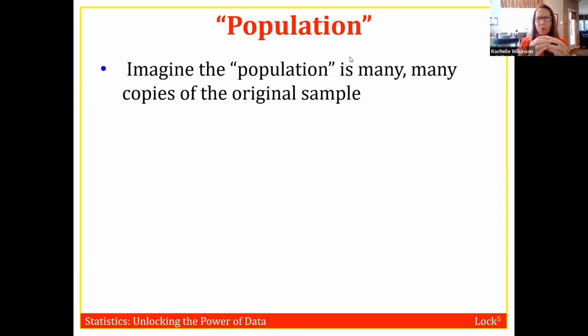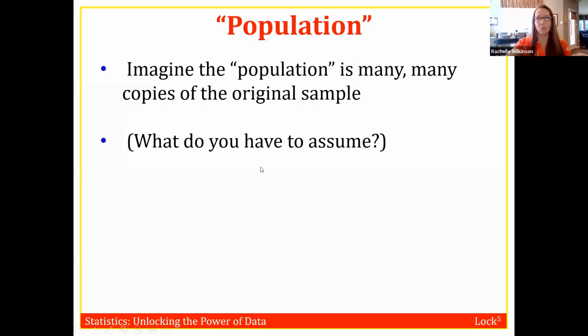So if my sample is like a mini version of the population, then imagine making lots and lots of copies of my sample. That would sort of imitate what we think the population looks like. If my sample is representative, then making a whole bunch of copies of it might mimic what the actual population looks like.